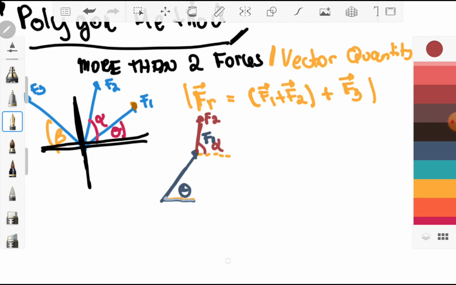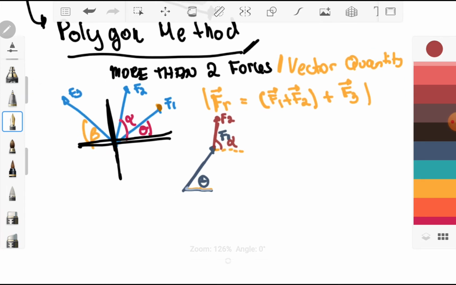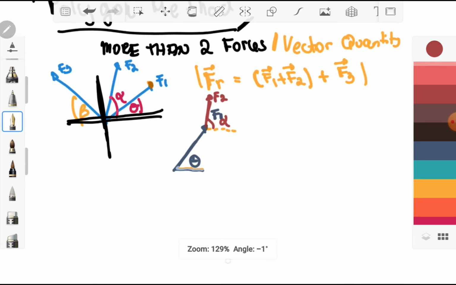Alpha, and then my F3 will touch the tail of my F1, F3 at beta.